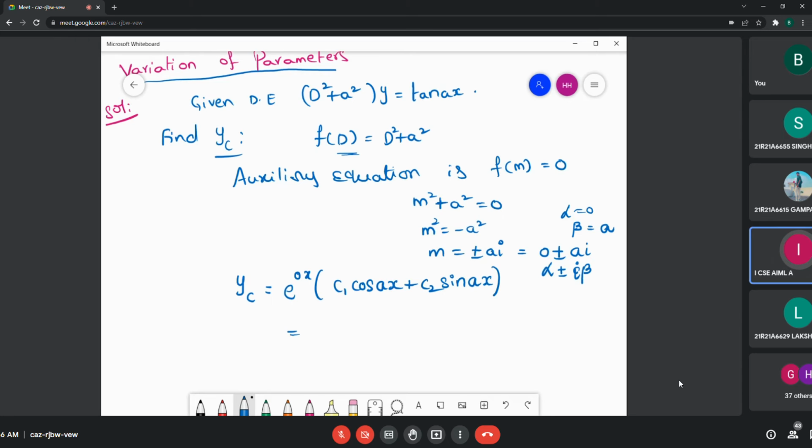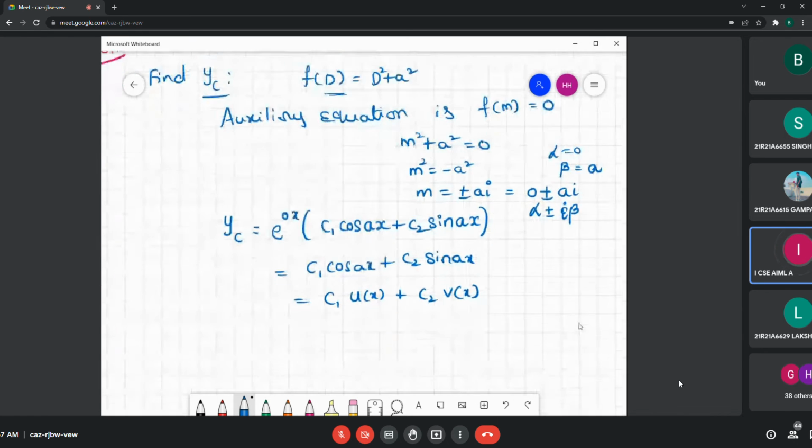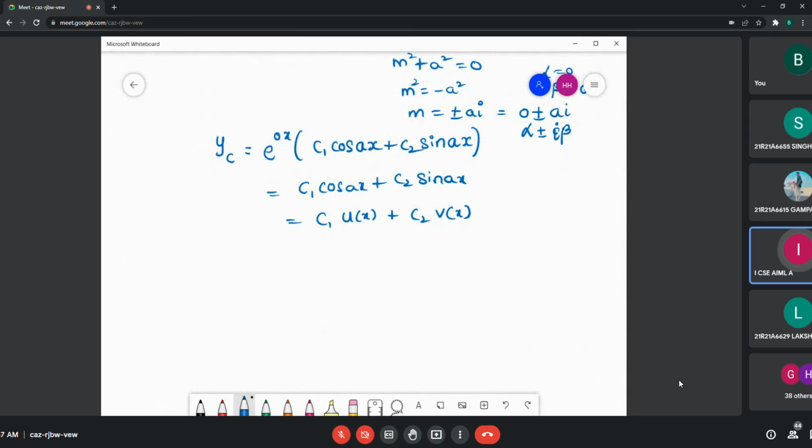So e power 0x is 1, giving c1 cos ax plus c2 sin ax. Again, you can write this as c1 u of x plus c2 v of x, and use whichever method you are convenient with. So u of x is equal to cos ax, and v of x is equal to sin ax.